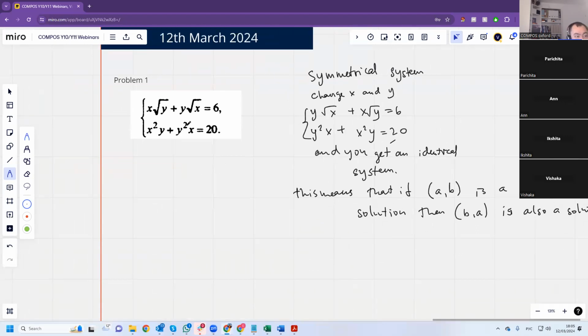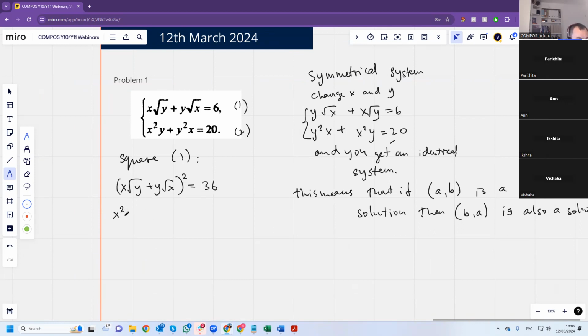Yeah, you square the first equation. So square the first equation, and what do you get? You get (x square root y plus y square root x) squared equals 36.